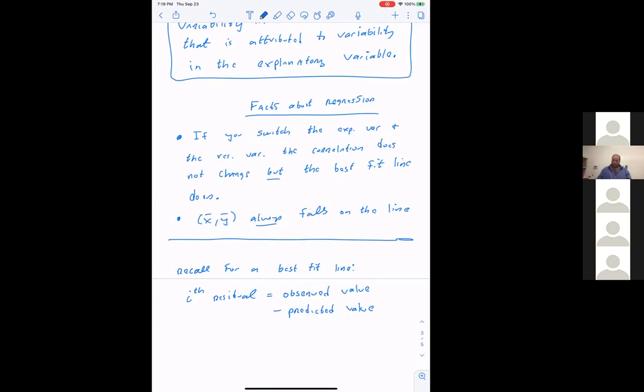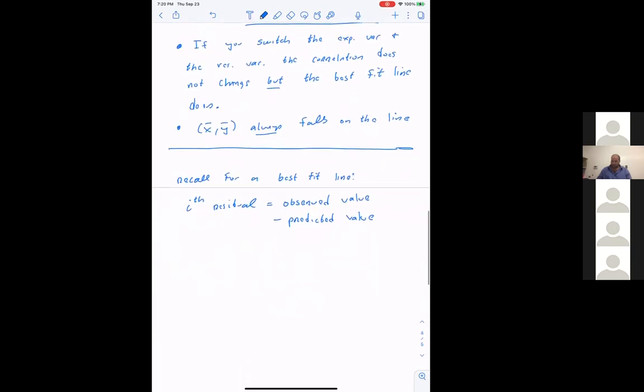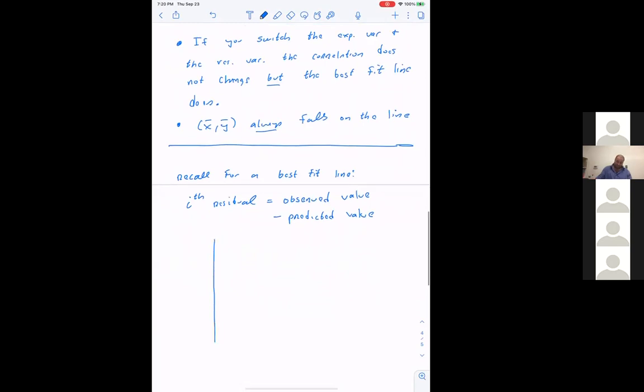So what does that mean? The observed value minus the predicted value. Would that be like the actual point compared to where the point would be on the line? Yes. So let's go back to the picture I had earlier of just a few points, like there, and there. And here is the line.